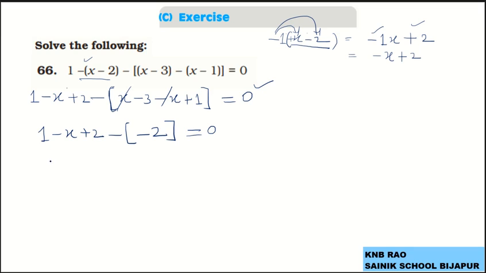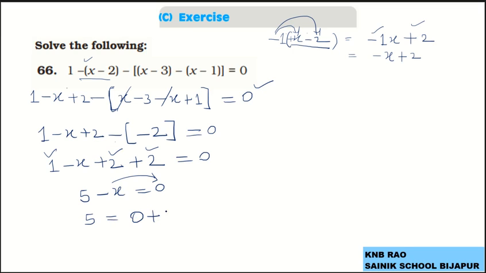Now, 1 minus x plus 2, this removes the bracket. Now, minus of minus 2 gives you plus 2 equal to 0. Now, here the like terms are 1 plus 2 plus 2, whose simplification is 5 minus x equal to 0. Now, I will transpose this minus x to the right hand side, which becomes an addend, which will add to 0.